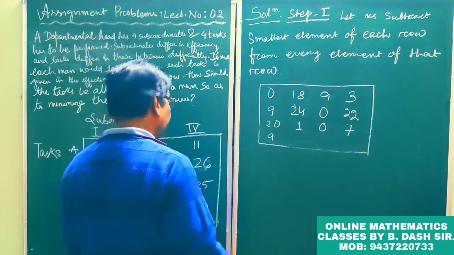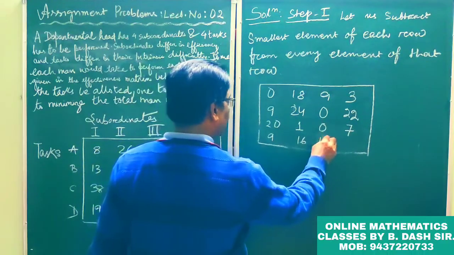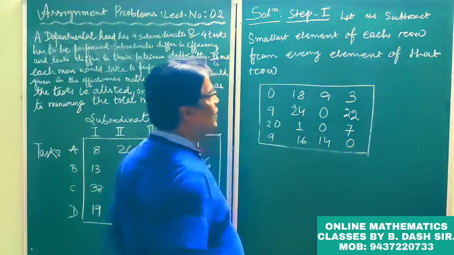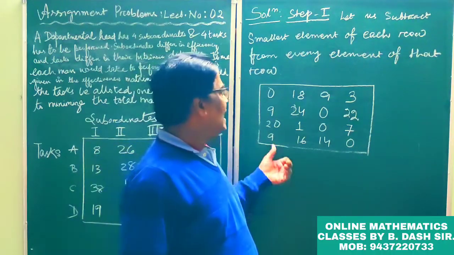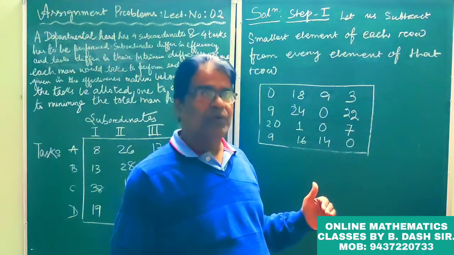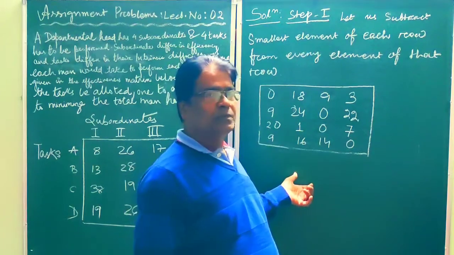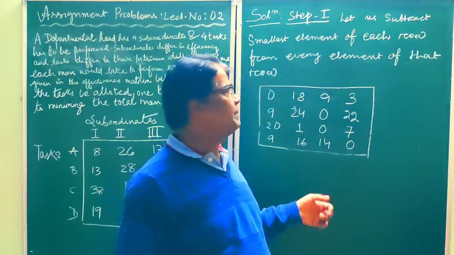Here 26 minus 10, 16. 24 minus 10, 14. And here it is 0. So we have subtracted smallest element of each row from every element of that row and we get the reduced matrix. Next, step 2.